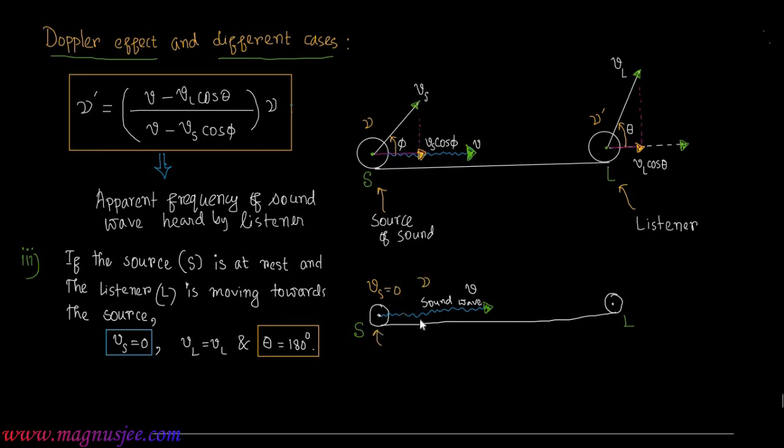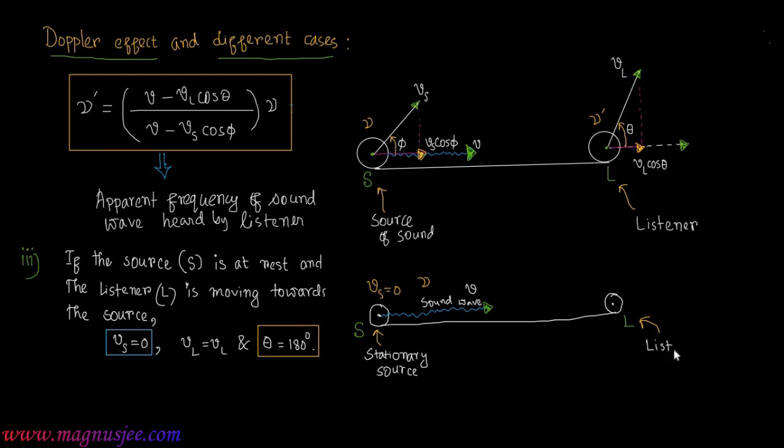S is the stationary source of sound. L is the listener, which will be moving towards the stationary source.